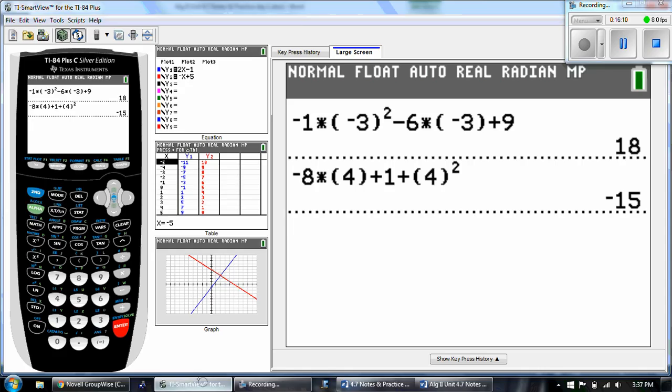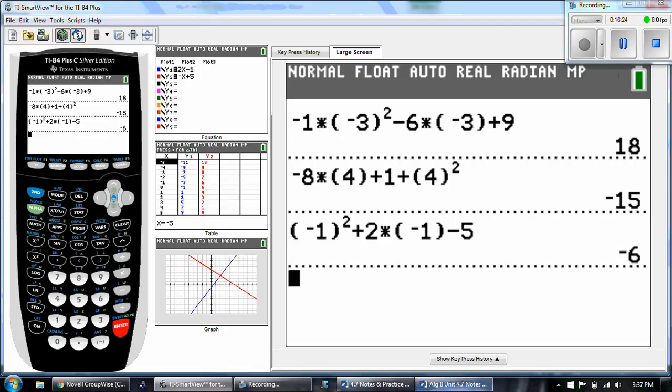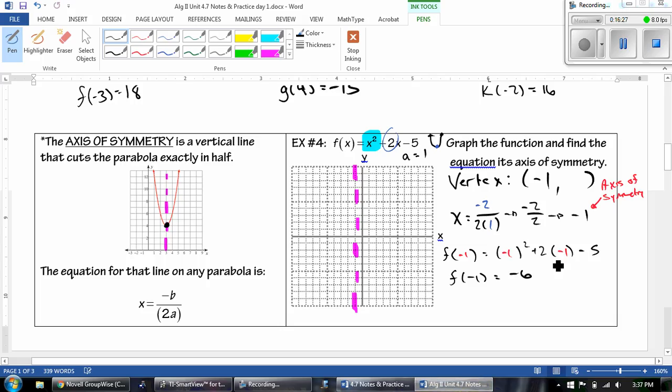So we have negative 1 squared plus 2 times negative 1 minus 5. And when we do all that, we get negative 6. So there we go. We found our vertex. Negative 1, negative 6.